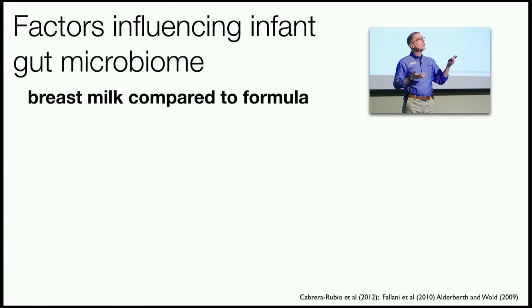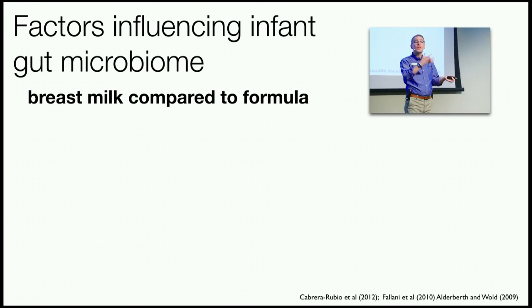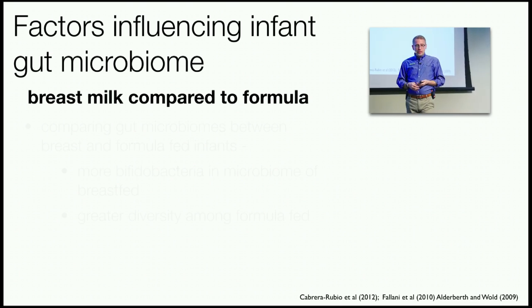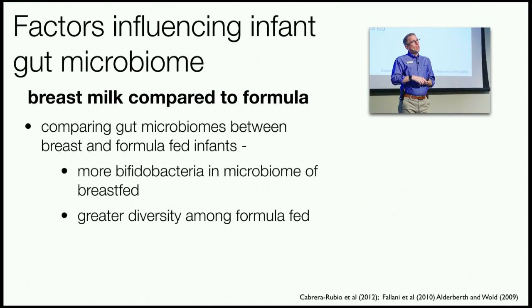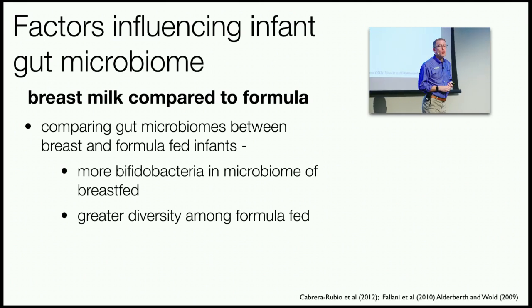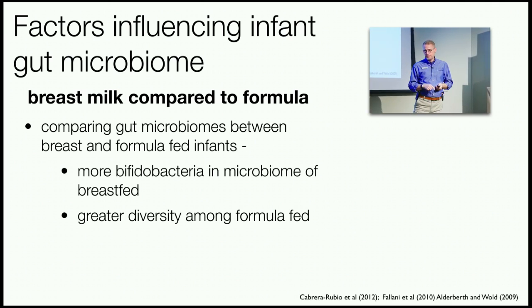Now let's compare breast milk to formula. You can look at the microbiomes of infants that are exclusively breastfed and infants that are formula fed. And here's where it gets really complicated. Many studies find that there are more of a specific type of bacteria called bifidobacteria in the microbiome of babies that are breastfed.